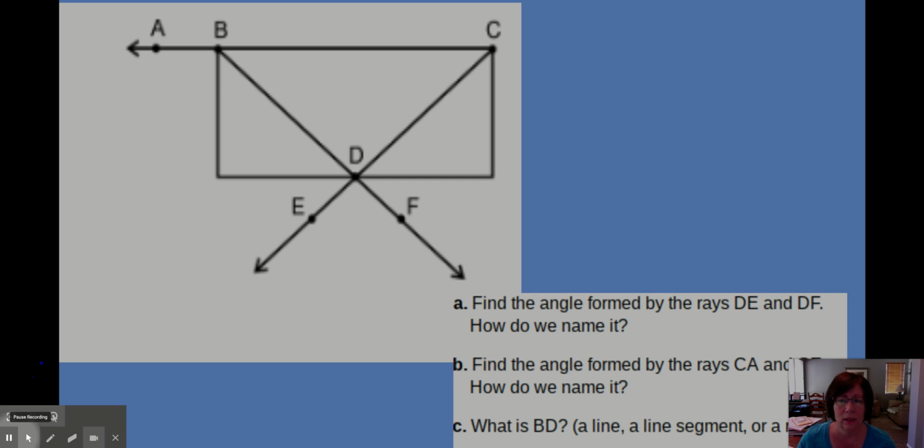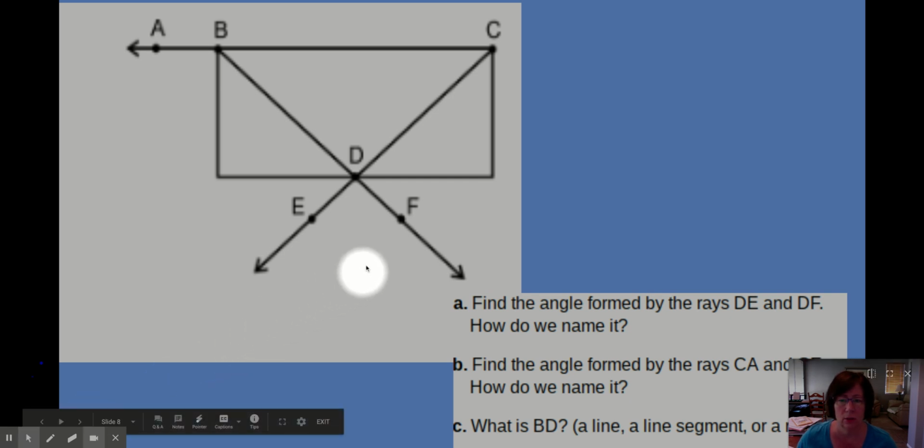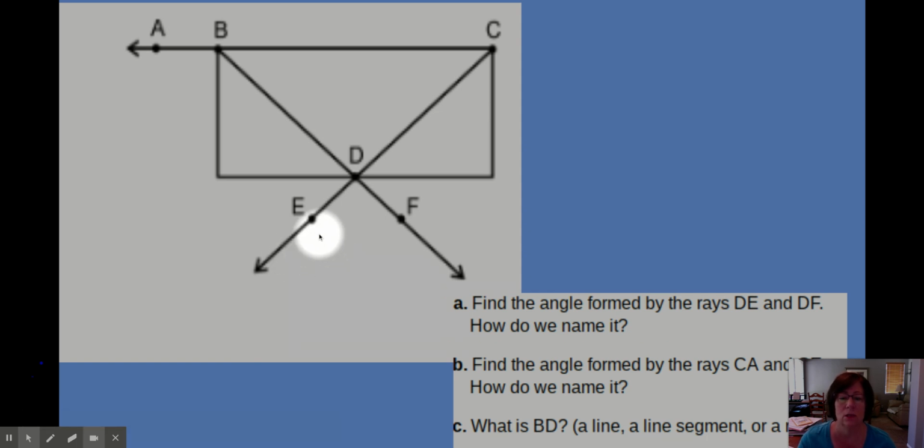Okay, and finally, using what you just learned, here's a diagram of several lines and rays and points, and we want you to be able to name the angles that are formed by some different rays. So question A says, find the angle that was formed by the rays DE and DF.